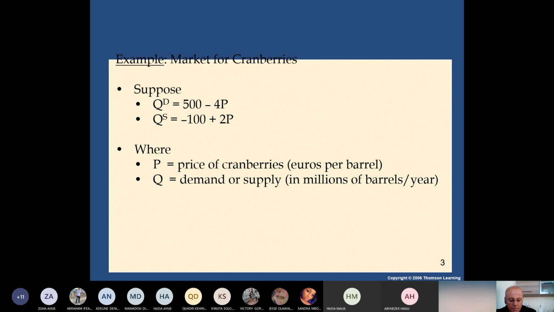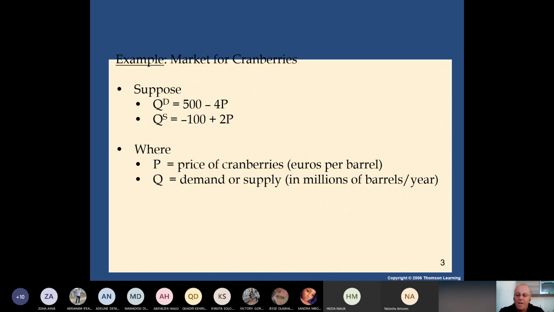Huda? Yes, the price is 100 and the quantity is 100 as well. I got the price as 66.67 and the quantity as 233.32. Well, we will see. Huda and Abenezer say 100, and Natasha says 66 and 200.